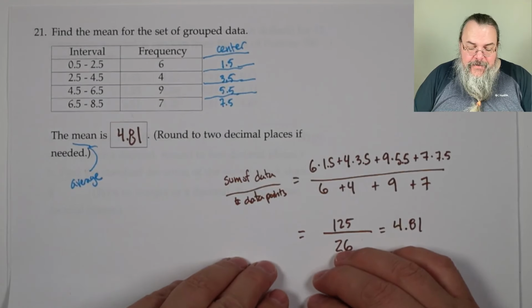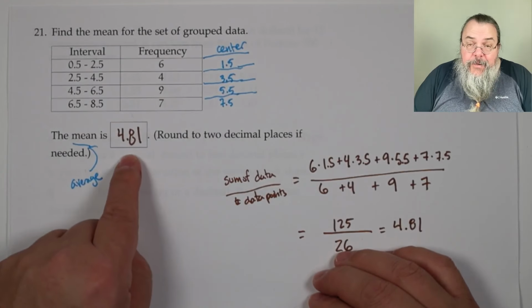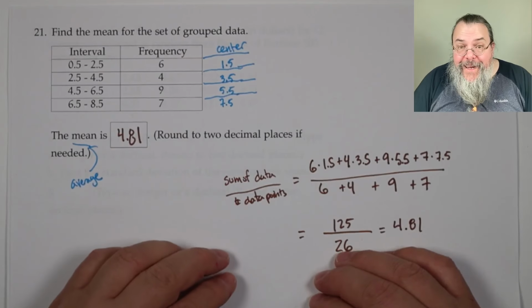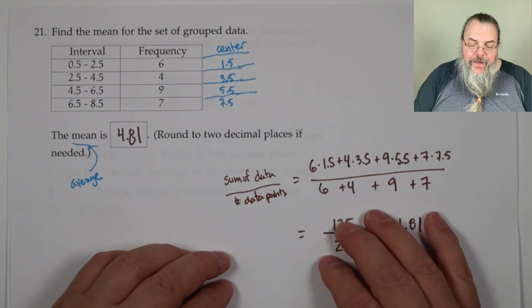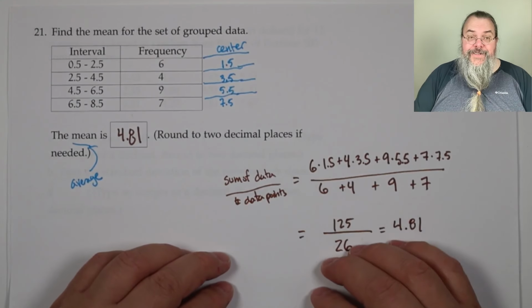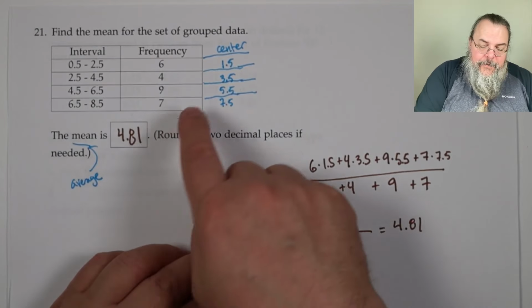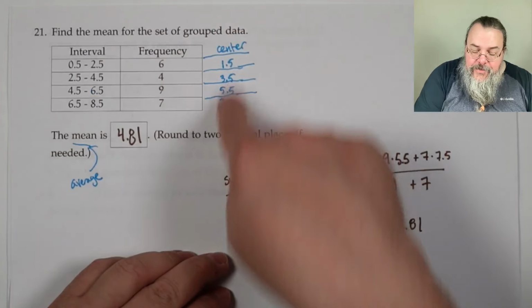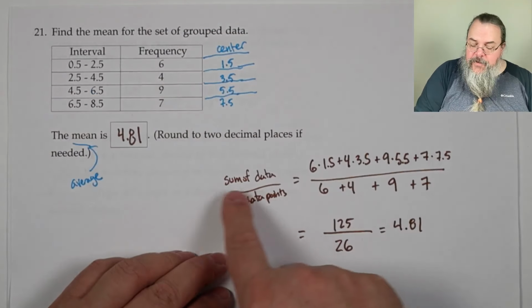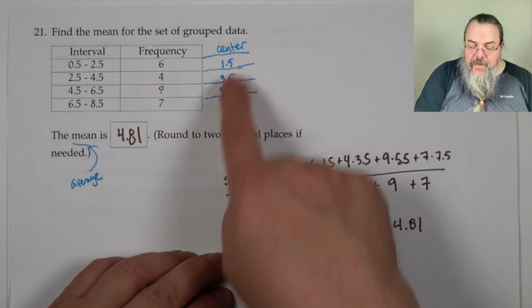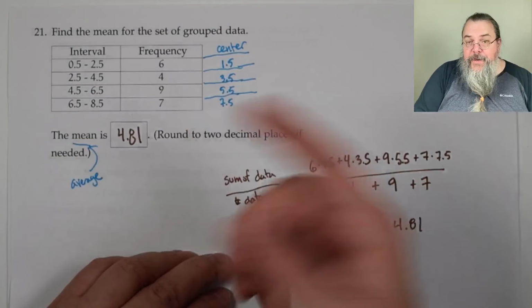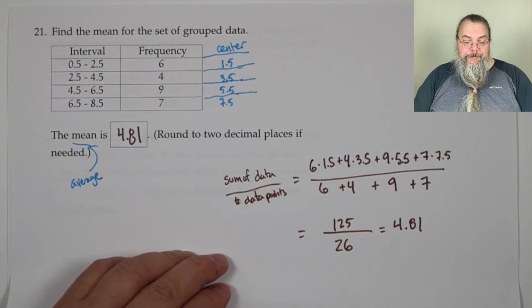So yep, that's good. Now if it had been like 9 point something, definitely mistakes were made. So you should always think about your answers. All right, so if you have an interval, always use your centers, and then add up the sum of the data, frequency times the center, and divide by the sum of the frequencies. Okay.